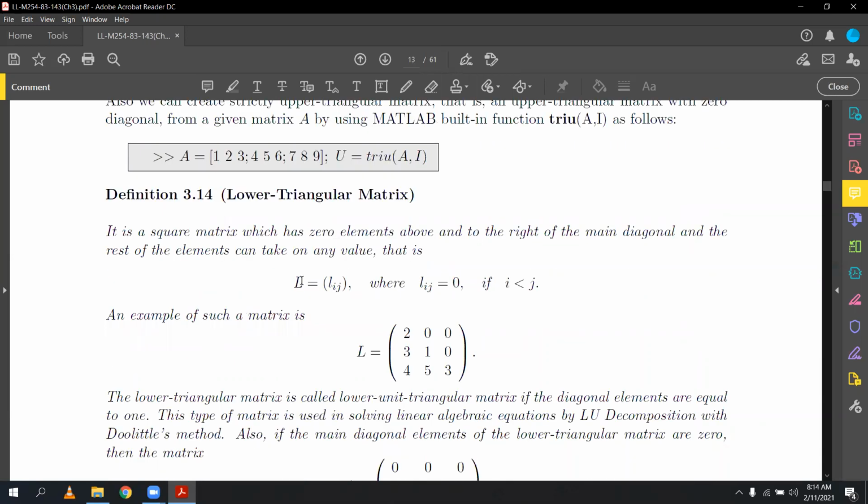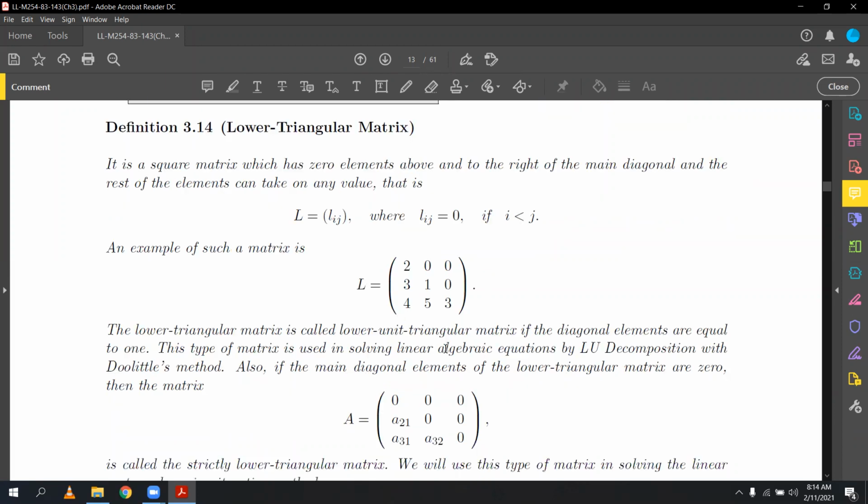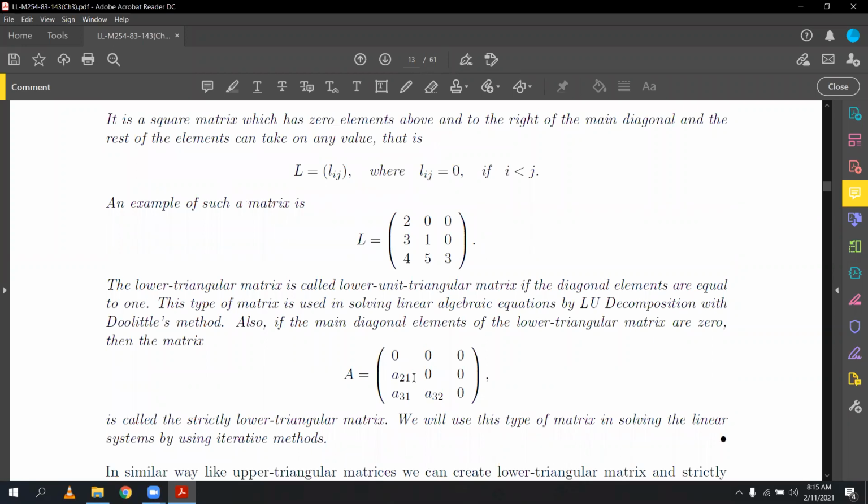All the diagonal elements and below are not 0, but the upper part is completely 0. And if we have 1s on the diagonal, we call it unit lower. And if the diagonal is also 0, like this one, we call it a strictly lower triangle matrix.